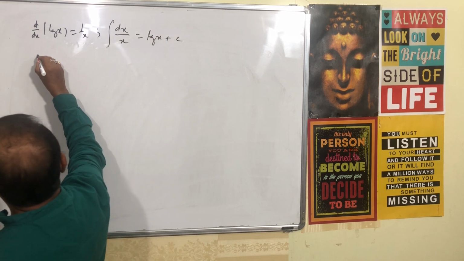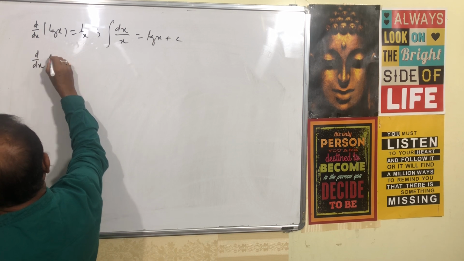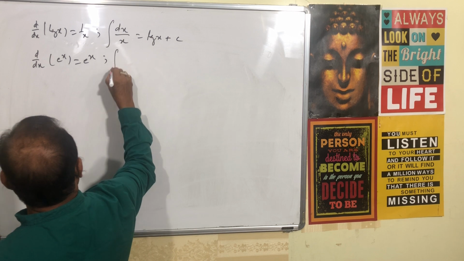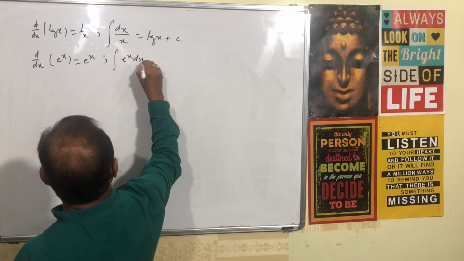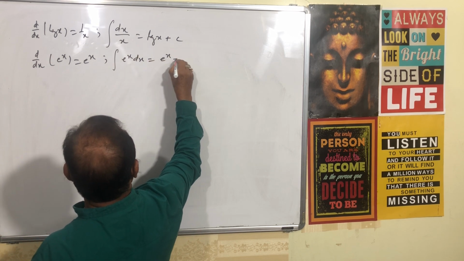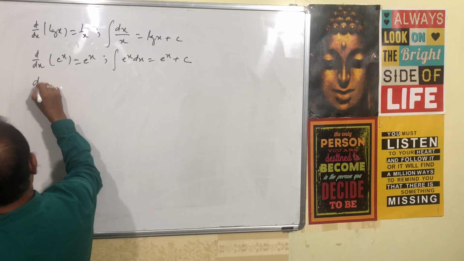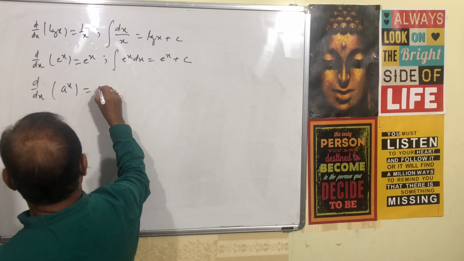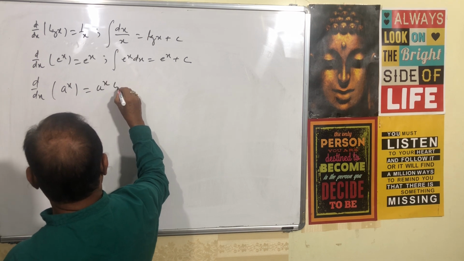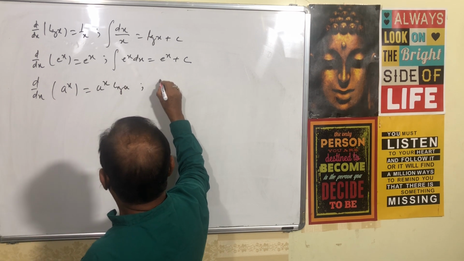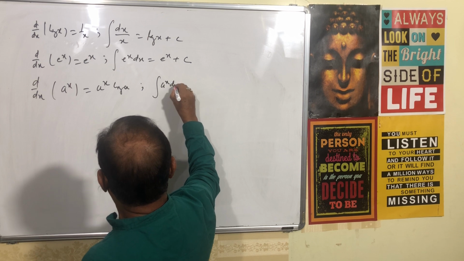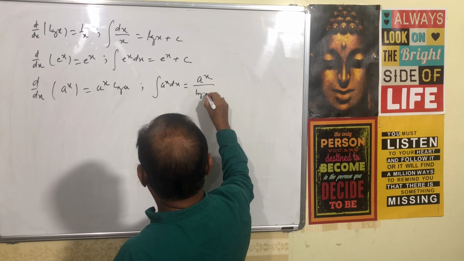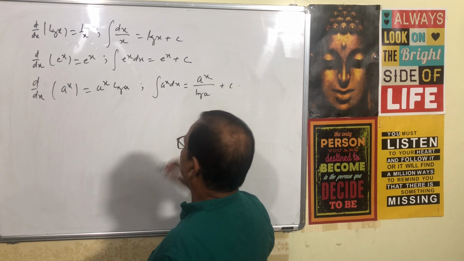Another thing, d dx of e to the power x is e to the power x and integral of e to the power x dx is equal to e to the power x plus constant. Third, d dx of a to the power x is equal to a to the power x log a, and integral a to the power x dx is a to the power x upon log a. So, these three explanations I have made.